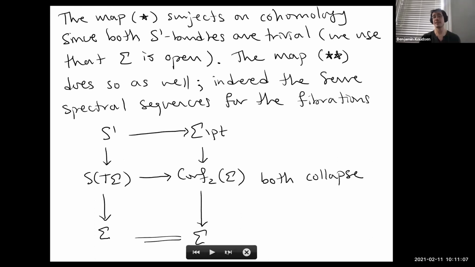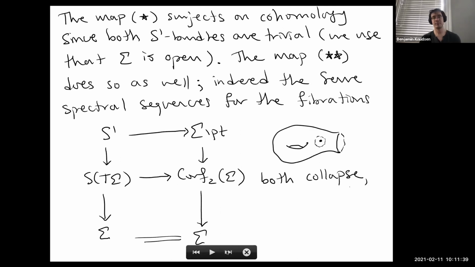Or sorry, sigma minus the point that I remembered, excuse me. And of course, the sphere bundle of the tangent bundle of sigma is a fiber bundle over sigma with fiber the circle. So I have this map of fiber bundles, and the Serre spectral sequence for both of them collapses. That's easy to see for degree reasons, and we're again using the fact that sigma is open, so it doesn't have any degree 2 cohomology.